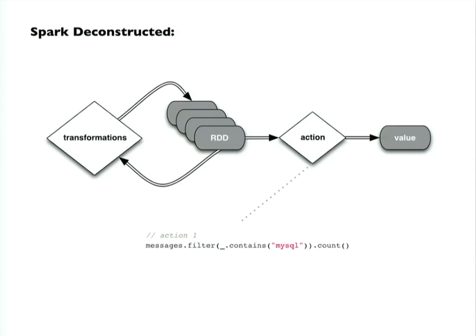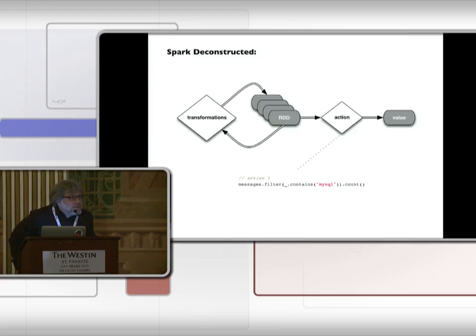Yeah, question? Yeah, no, the graph is evaluated in terms of where a shuffle would be required, or where some action is requiring a result to come back. So actually the whole graph is lazy.